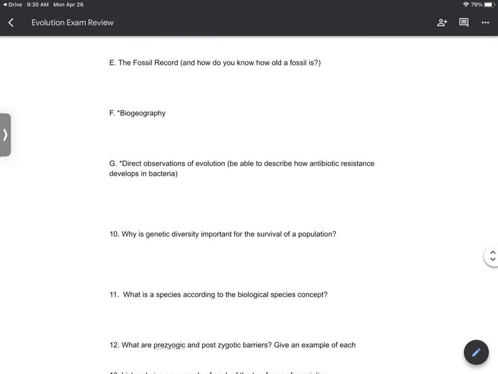Make sure you can explain the idea of antibiotic resistance evolving in bacteria. That was the one with the plates, where all of the bacteria that are not resistant to the antibiotic get killed, whereas the ones that are resistant have a better chance of surviving. And they did not become resistant because of the antibiotic.